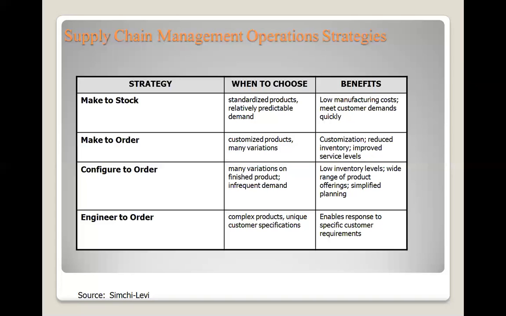Configure to order: many variations on finished product, infrequent demand; benefit, low inventory level, wide range of product offering. Engineer to order: complex product, unique customer specification; benefit, enable response to specific customer requirements.